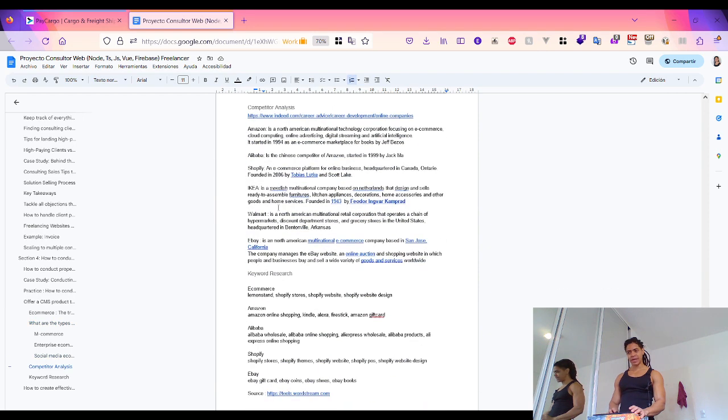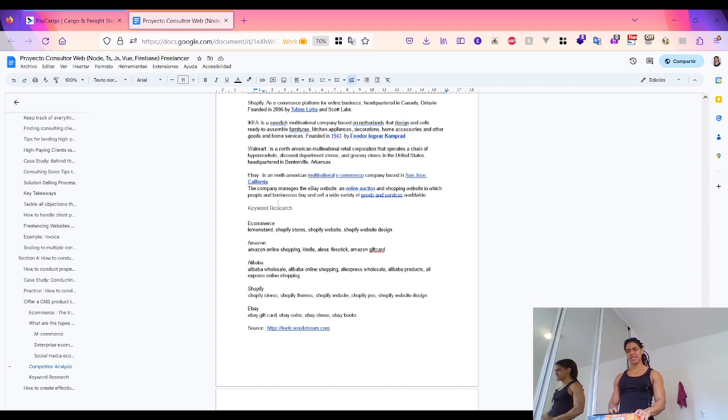And the competitor analysis. Here you actually look at, for example, Amazon, Alibaba, Shopify, IKEA, Walmart, eBay. See what they are doing, what you can learn from them, and make a keyword research based on that. So what I see is that Shopify offers stores, websites, while Amazon offers Kindle, Alexa, Fire Stick, and Amazon gift card.